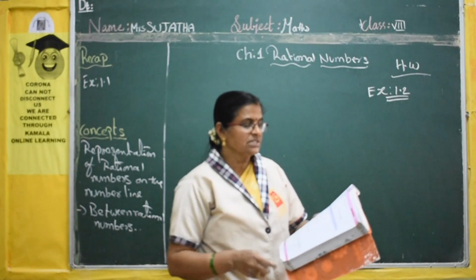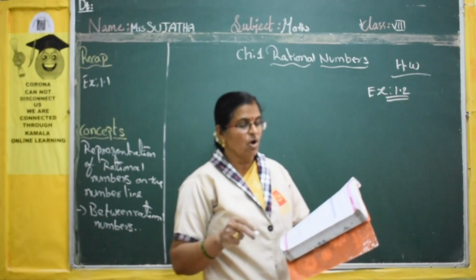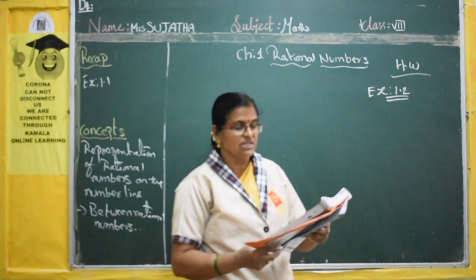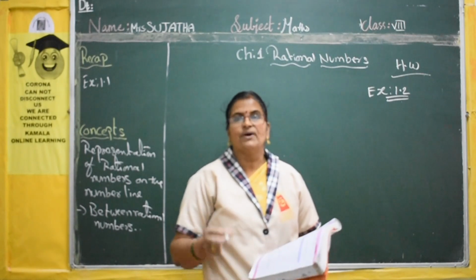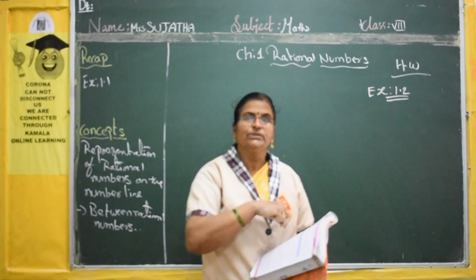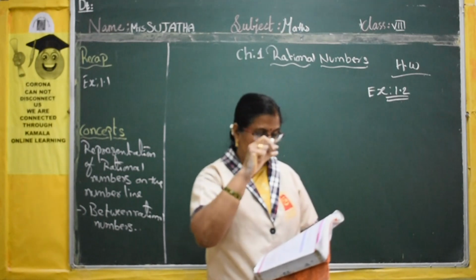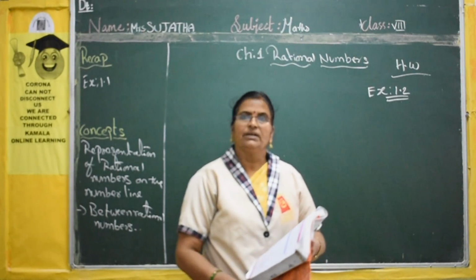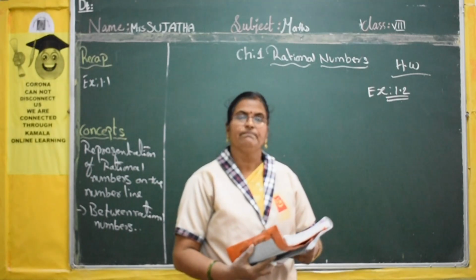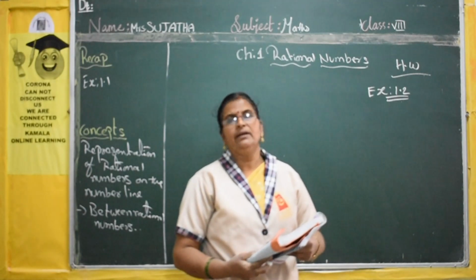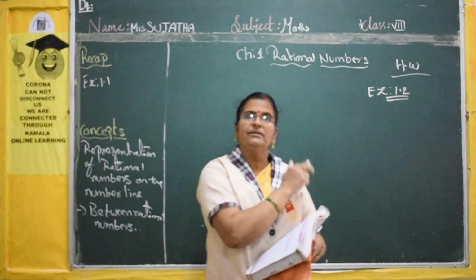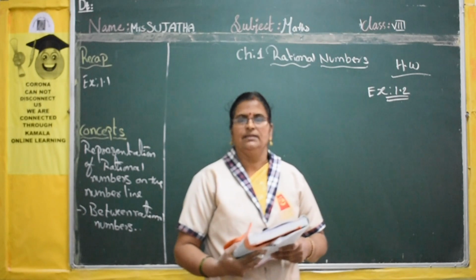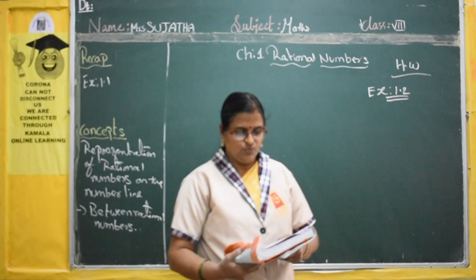Then write 5 rational numbers which are smaller than 5 by 6. 5 by 6 is there, and to that you have to write 5 rational numbers smaller than that. What are the 5 rational numbers you can write? Between 0 and 5 by 6, if you take, you will get them, less than that.